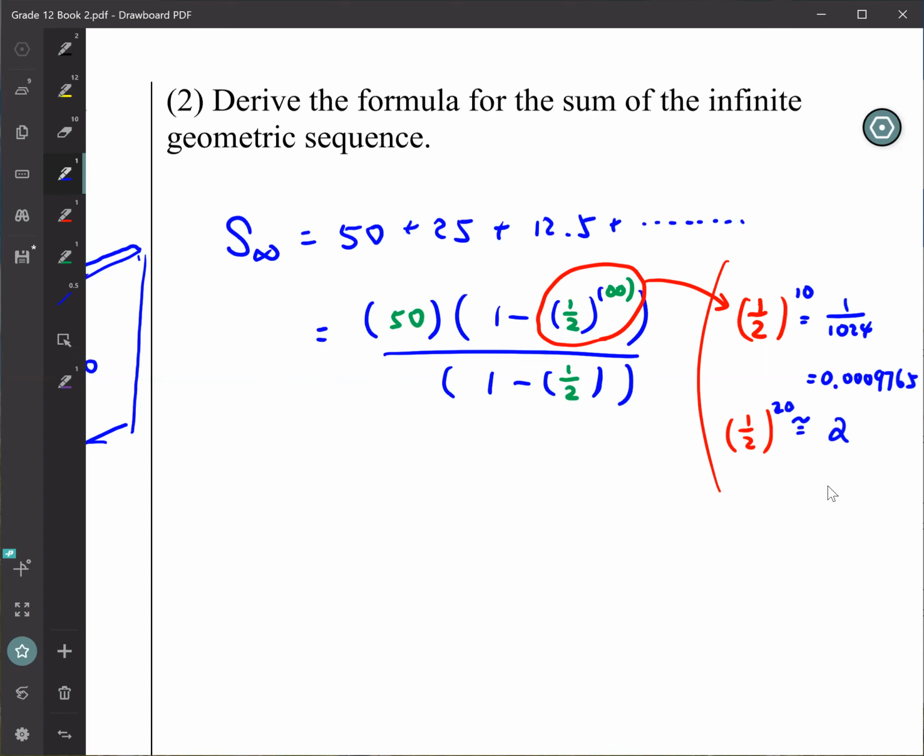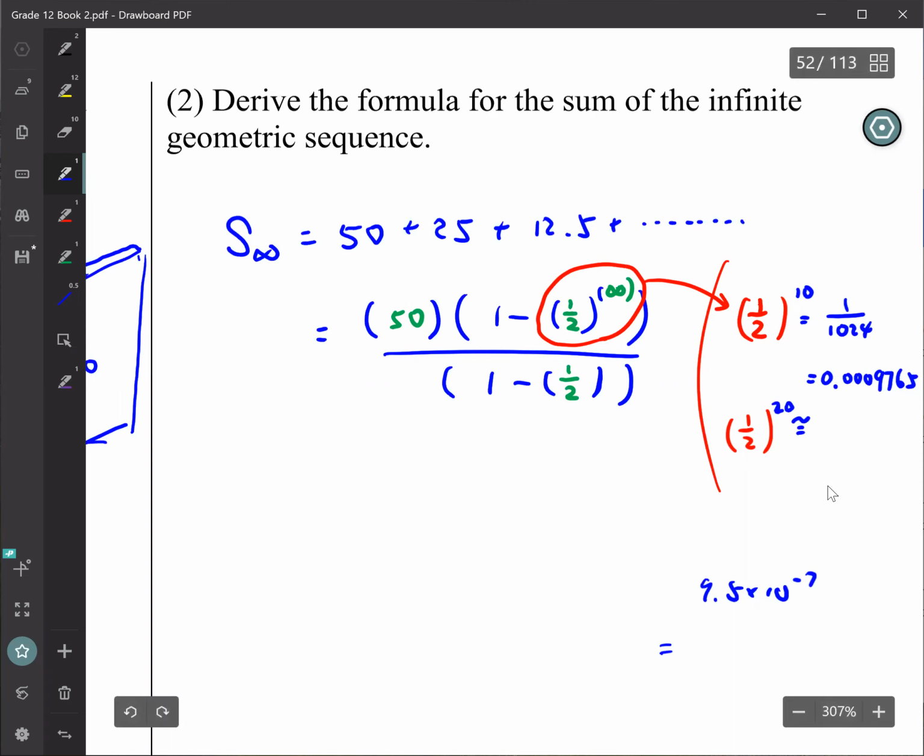No, it's 9.5 times 10 to the negative 7. What does that mean? Have you seen this kind of symbol, times 10 to the negative 7? What's the value of it?